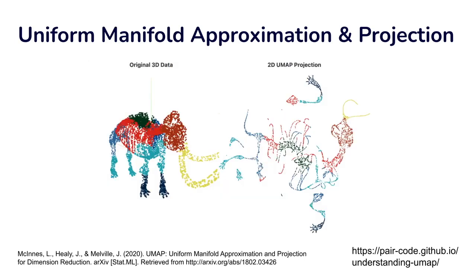Here is another example. Imagine we have some high-dimensional data. Here we see this mammoth, and we want to project it in 2D. And UMAP takes this high-dimensional manifold and tries to capture the topology in a way to preserve both the global and local structure.